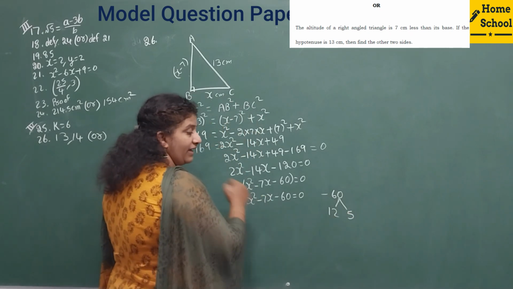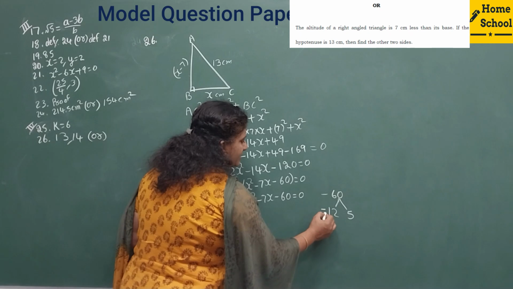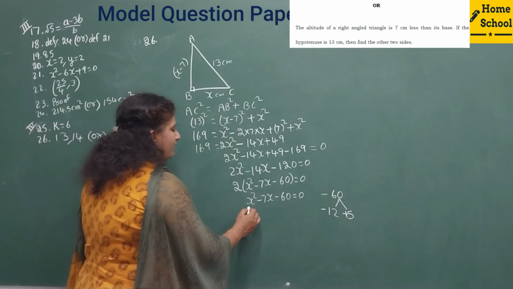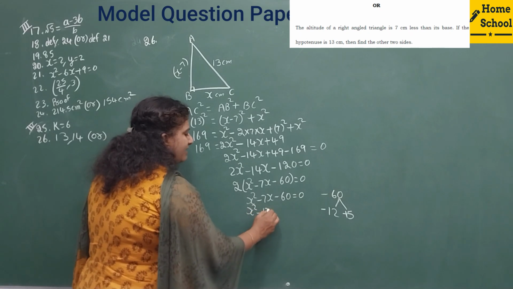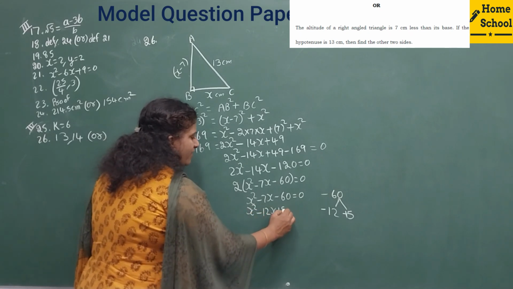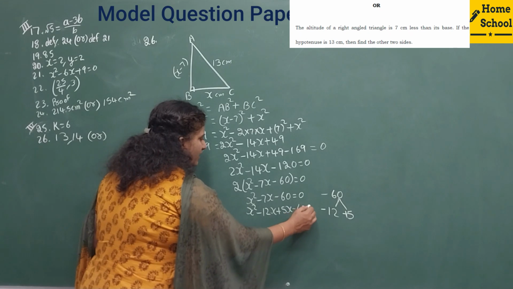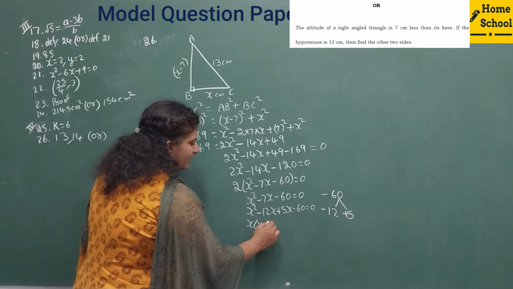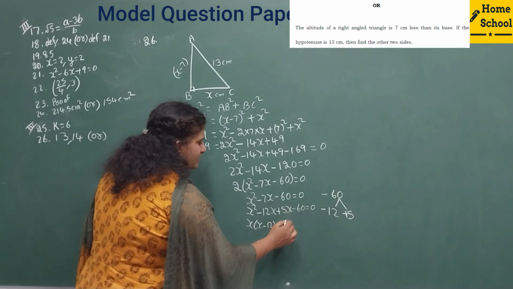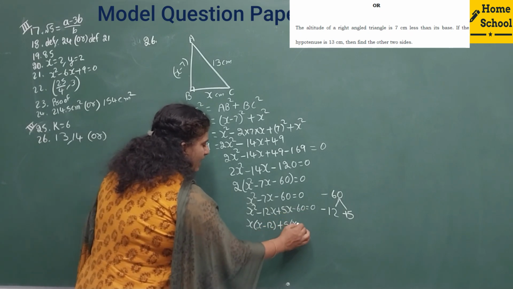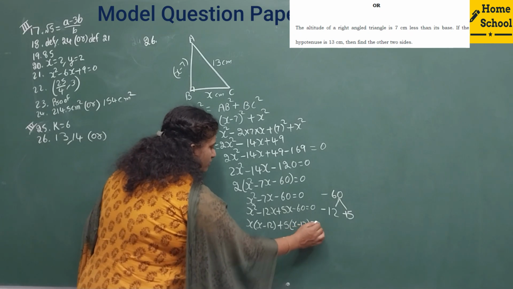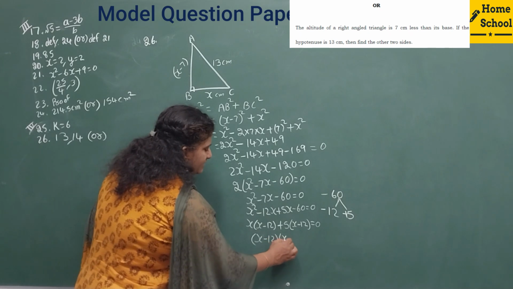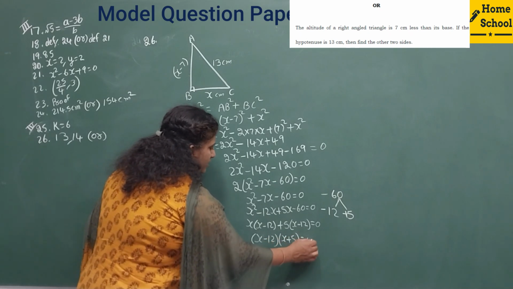But I should get minus 7, so take minus 12 plus 5, which will be minus 7. x square minus 12x plus 5x minus 60 equal to 0. In these two, x is common: x minus 12, and among these two 5 is common: x minus 12 equal to 0. x minus 12 into x plus 5 equal to 0.